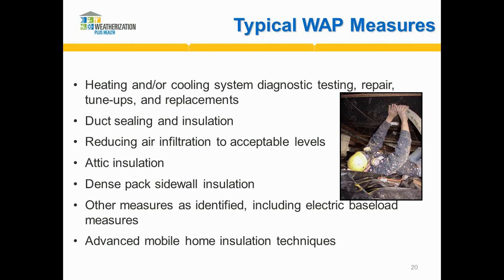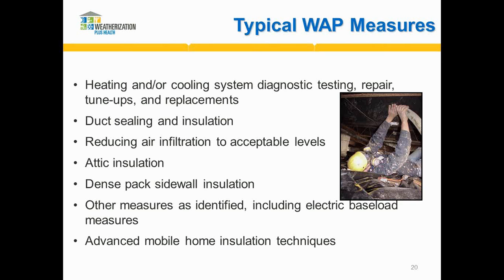We are constantly amazed that we see ducts that are disconnected in the house, and there's big gaps in them, a huge energy waste, obviously. We reduce air infiltration to acceptable levels, and by acceptable levels, we have a tool called the blower door that measures that, so we know exactly how far we're getting, and we can reduce their infiltration accordingly.